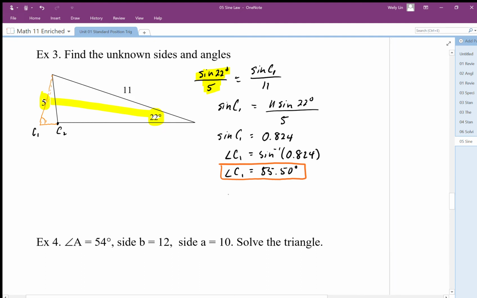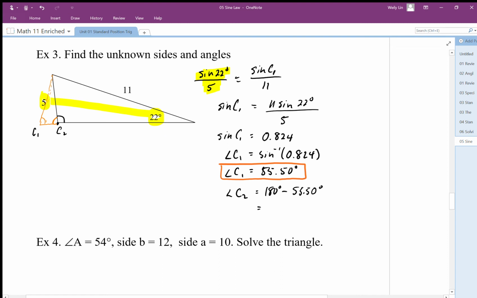So we need C2. If you take a look at the diagram, this is an isosceles triangle, so those two angles are the same. To find the angle C2 on this side, it's just supplementary: 180 degrees minus theta 1, which is exactly the same formula we use for theta 2 when we deal with circle trig.